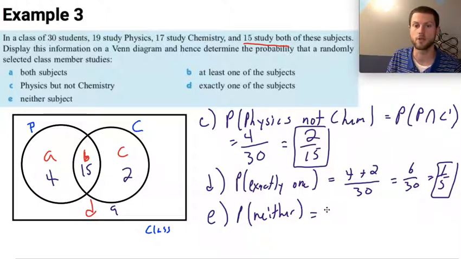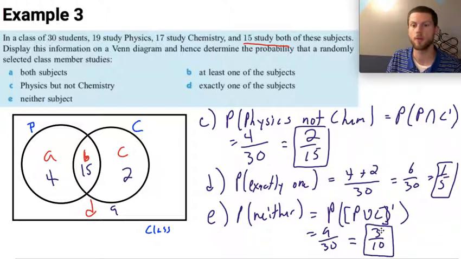So you could also write this as the probability of not P or C. And that's going to be given as 9, the people who aren't taking either, over 30, the entire sample size. So let's see, that reduces down to 3/10.